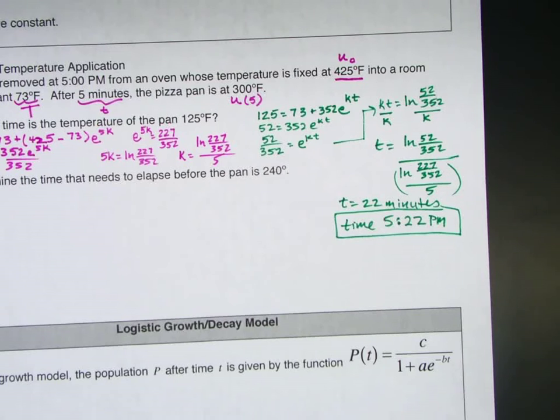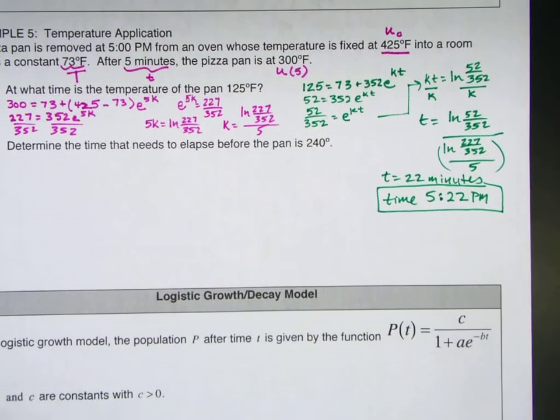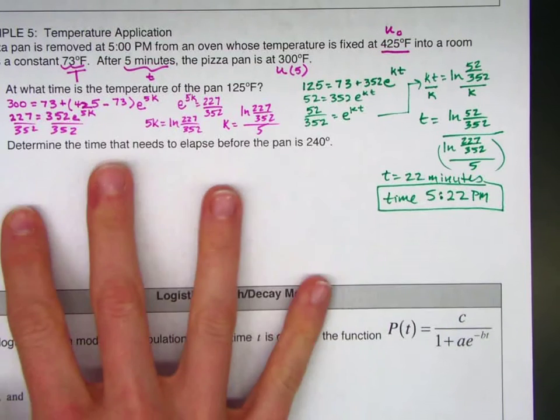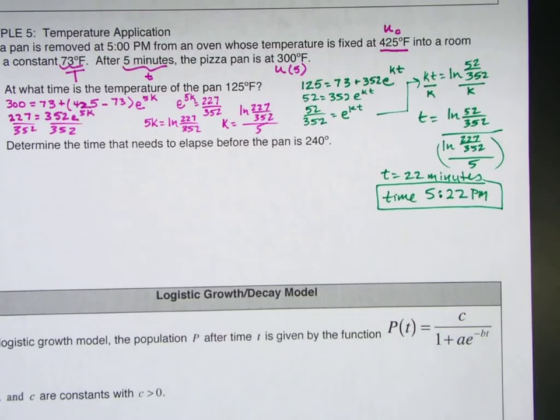Okay, so now what we want to do is determine the time it takes before the pan is 240. Okay? So how is this going to vary from this problem? What's going to be different?